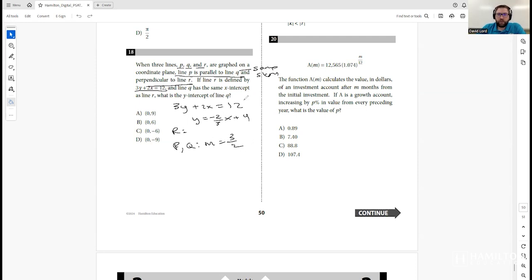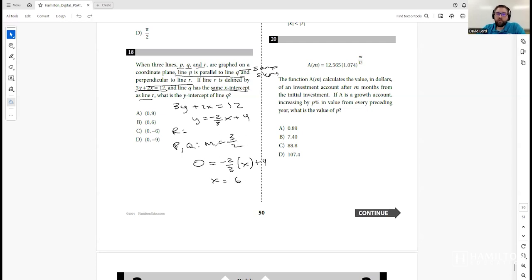All right, cool. And then if line Q has the same x-intercept as line R, so x-intercept means we need to find the x value when y is 0. So if we go back to R, we can plug in 0 for y and negative 2/3 times x plus 4, and we get x is equal to 6. Okay, cool.